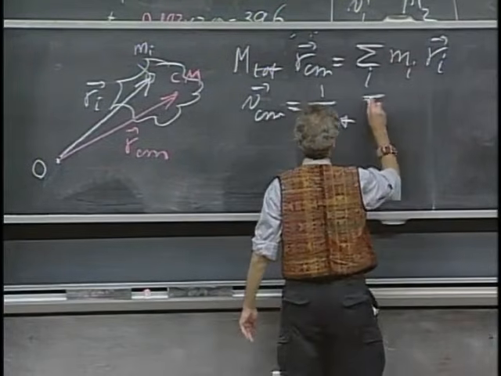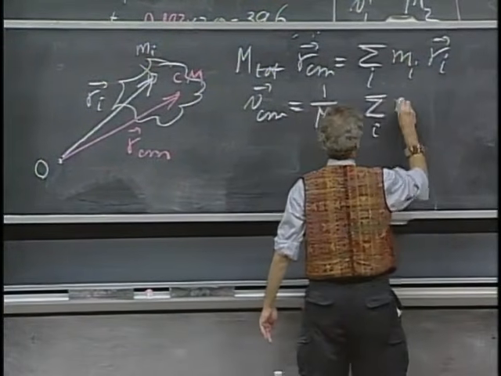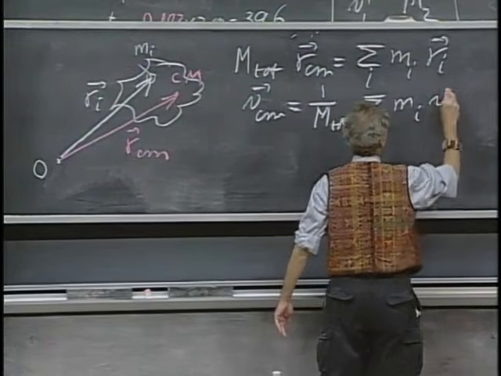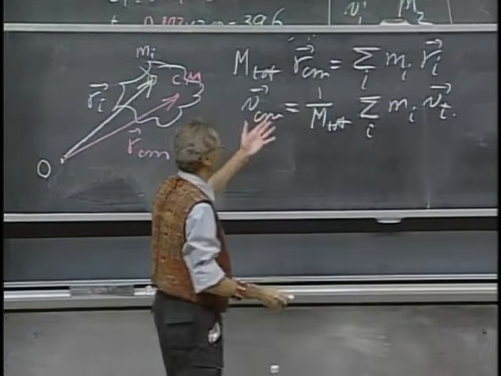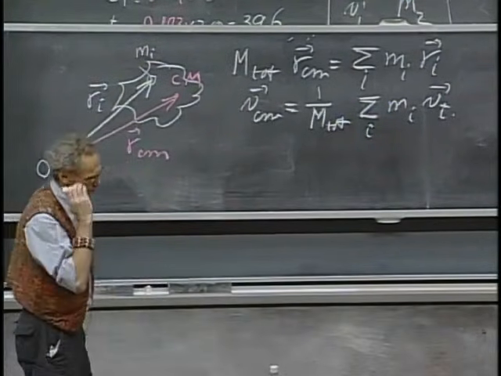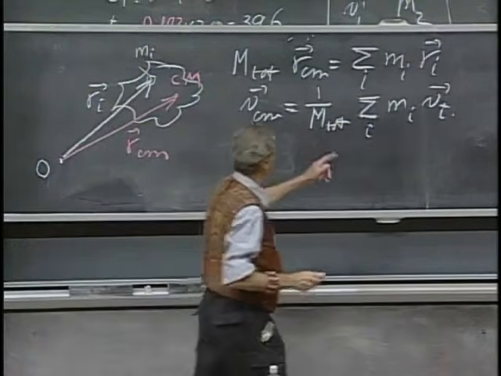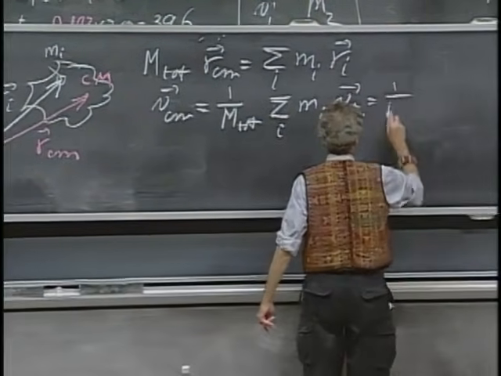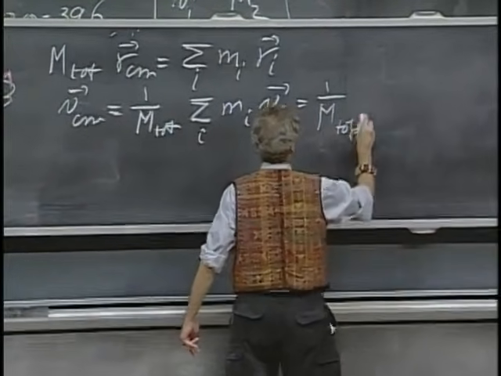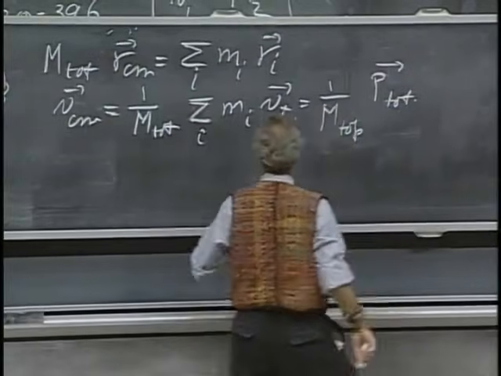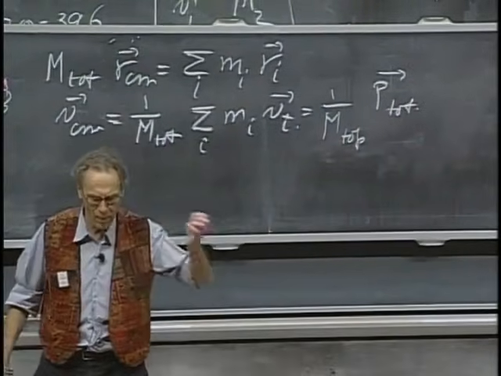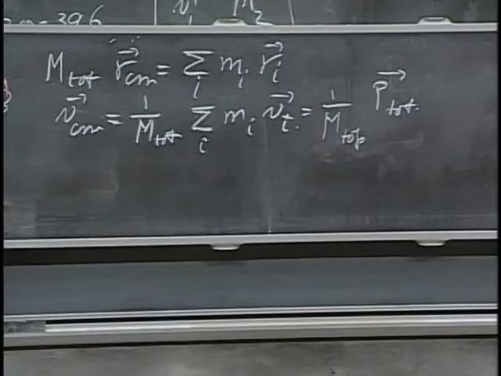And so this is the sum over i of m_i v_i, simply taking the first derivative, which changes positions into velocities. Now this is also 1 over m total times the total momentum, because I have all these momenta of these individual particles, they have together a total momentum.